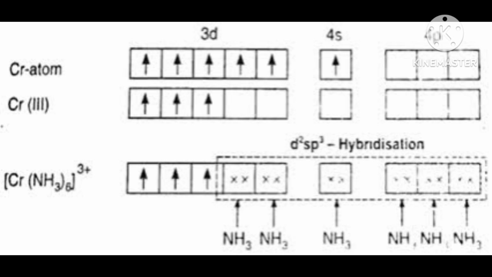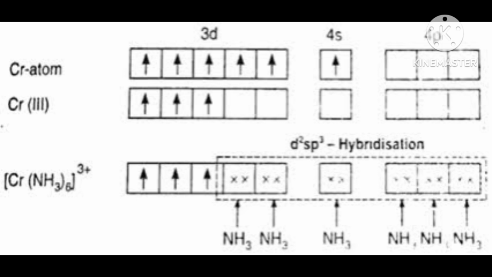When you are writing the electronic configuration, I told you 3 minus means you have to add 3, but here that charge came due to the F electrons. F is electronegative. Then 6 F electrons came, which has given 6 minus. But cobalt was 3 plus.